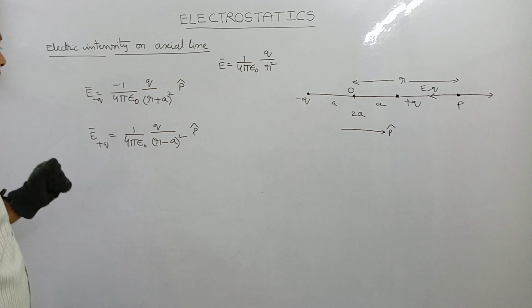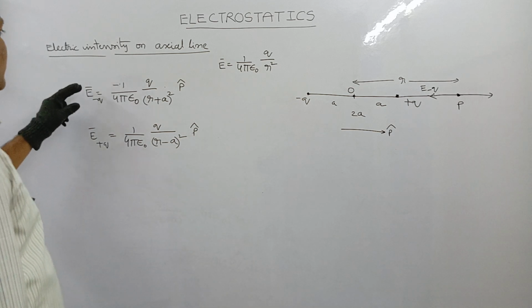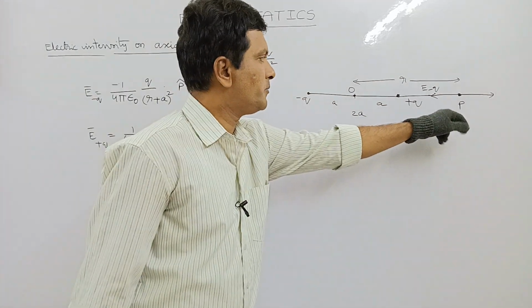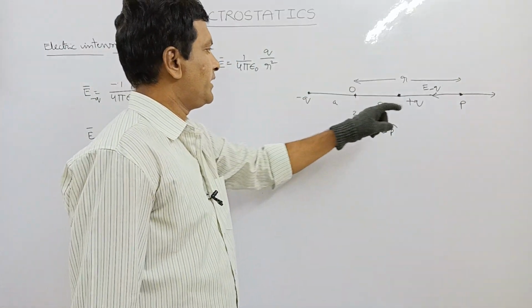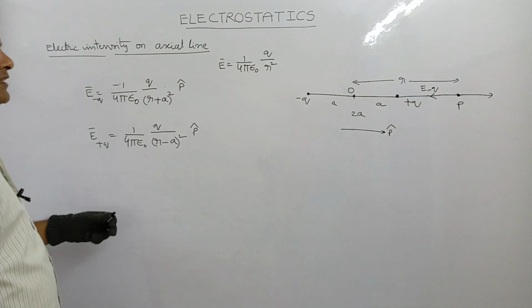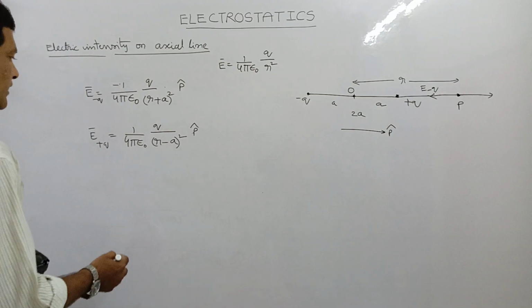So these are the two electric intensities acting at this point because of the charges minus q and plus q. So what is the net electric intensity because of this dipole?